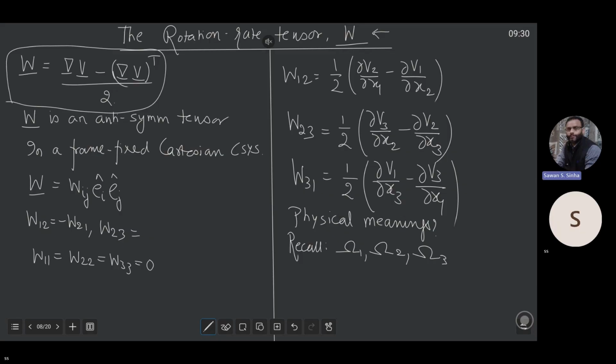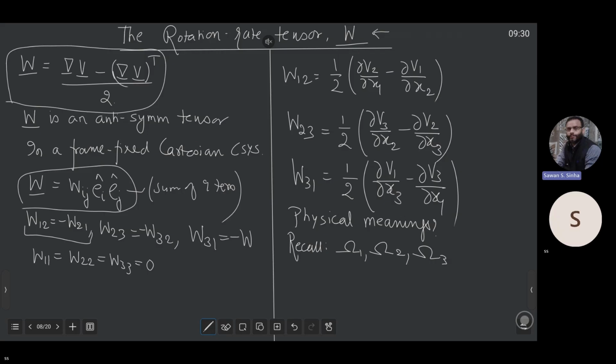In a frame fixed Cartesian coordinate system, W will be W_ij e_i e_j. It will be written like this. This is the sum of 9 terms. Since it is an anti-symmetric tensor, it will turn out W12 will be minus W21, W23 will be minus W32, and W31 will be minus W13.